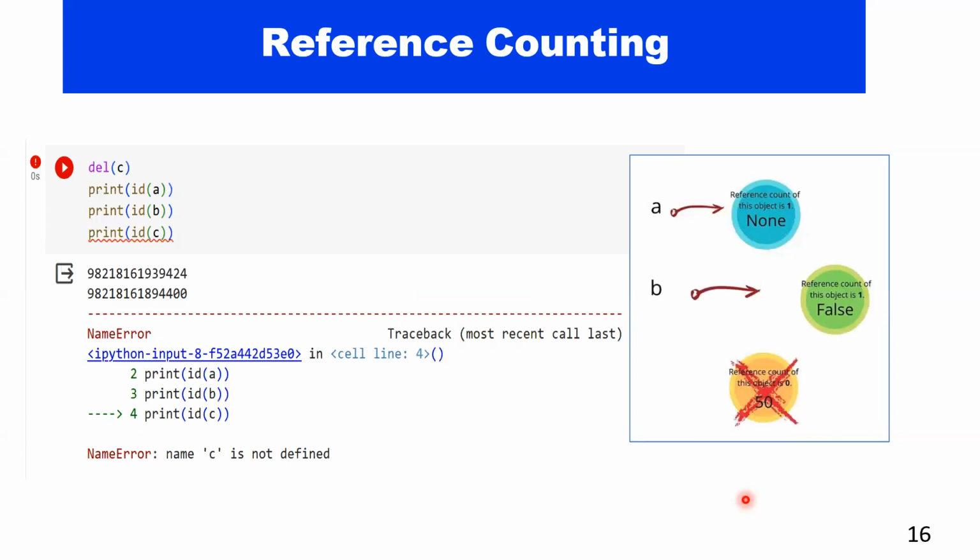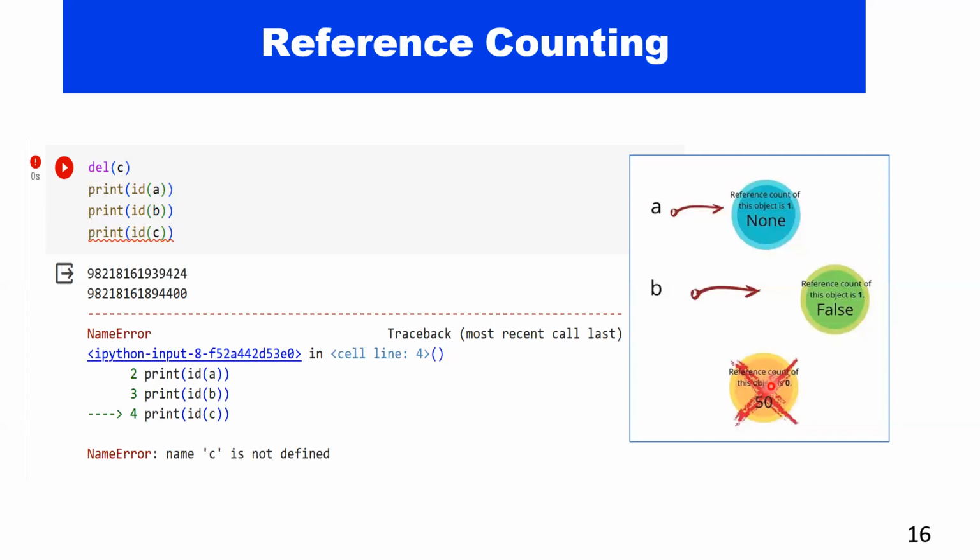Now let us see del C. This delete statement basically removes the object C. That means C is no more pointing to this particular object. So the variable C is now not referring to this object.